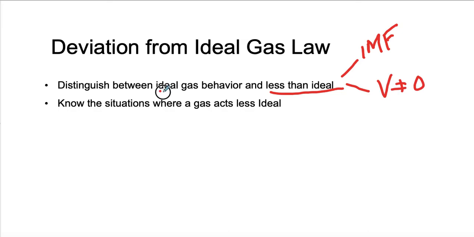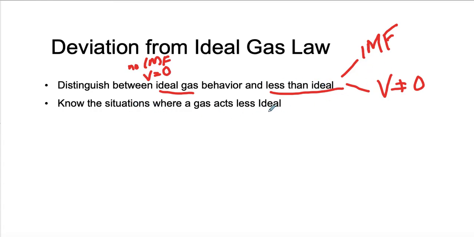Some of the assumptions that you use in an ideal gas is that there is no IMF, and you also assume that the volume of the ideal gas is essentially zero. The actual molecules have zero volume compared to the size of the container. Less than ideal is not that case.